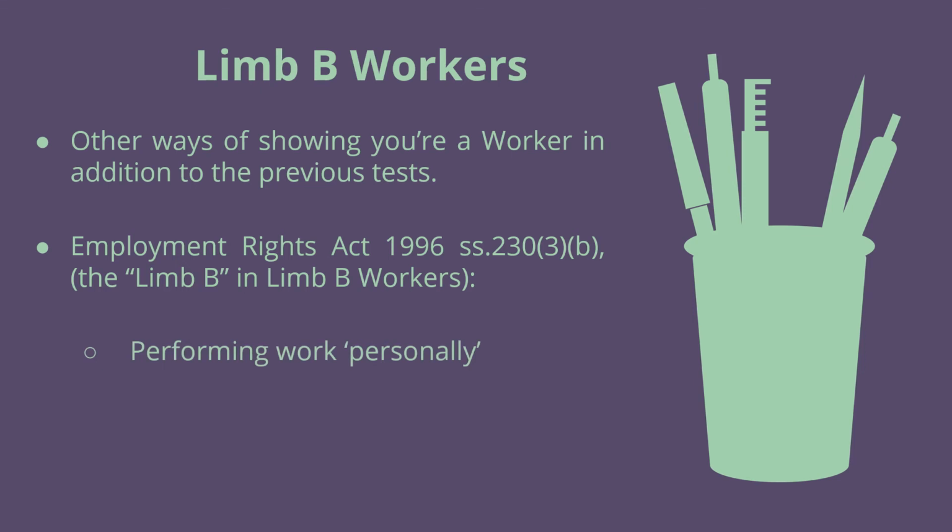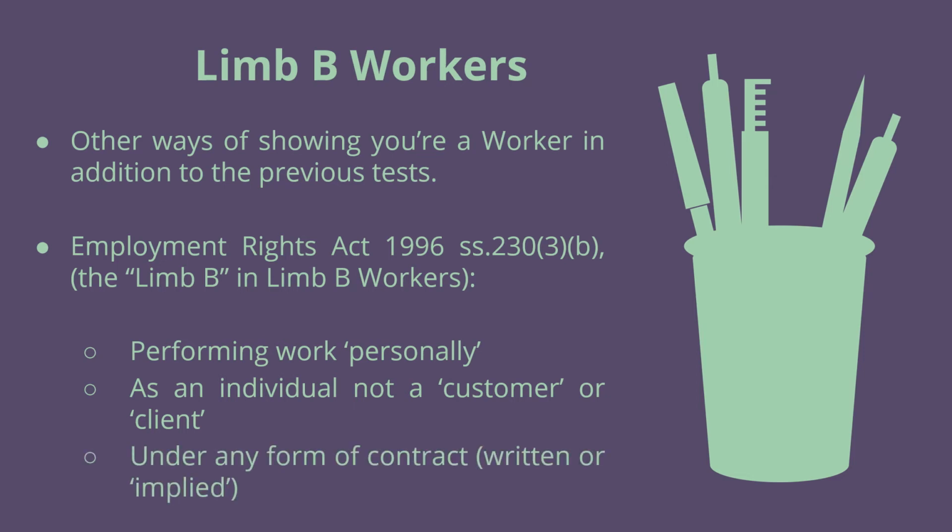This is broadly speaking the same as the personal performance test that we've already covered. Secondly, that you are performing this work as an individual. That is, you're not a customer or client of someone else providing services. Finally, that this is further to a contract of employment. Remember, contracts of employment do not need to be in writing.